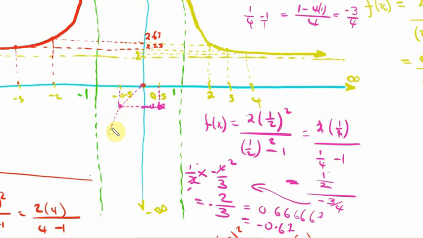It never touches the asymptote, so it will approach the asymptote as y approaches infinity. Something like this.